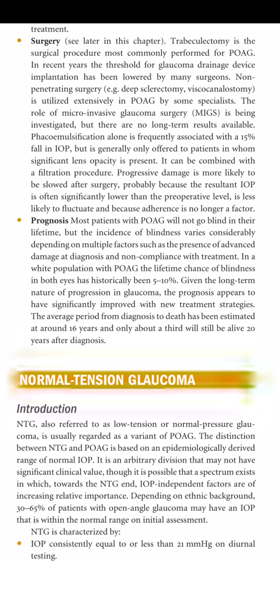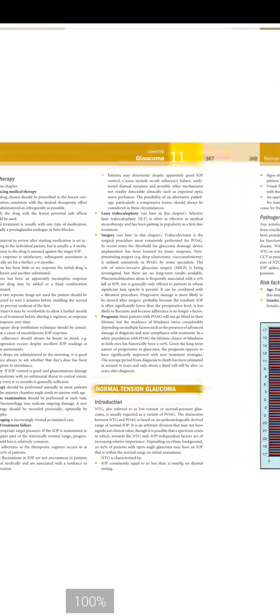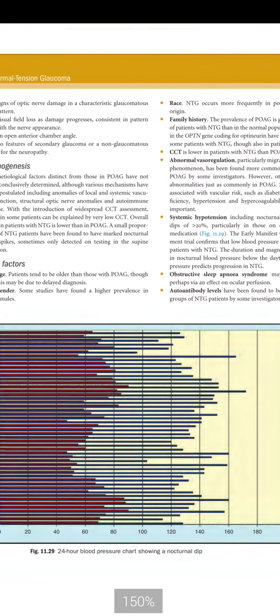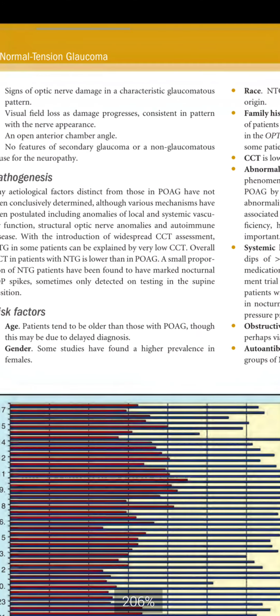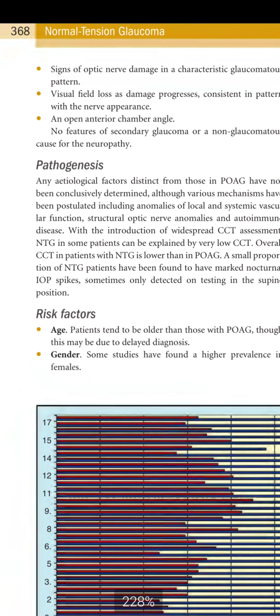Depending on ethnic background, 30 to 65% of patients with open angle glaucoma may have IOP that is within the normal range on initial assessment. So normal tension glaucoma is characterized by IOP consistently equal to or less than 21 millimeter mercury on diurnal testing. So diurnal testing is very important. You monitor the IOP both day and night.